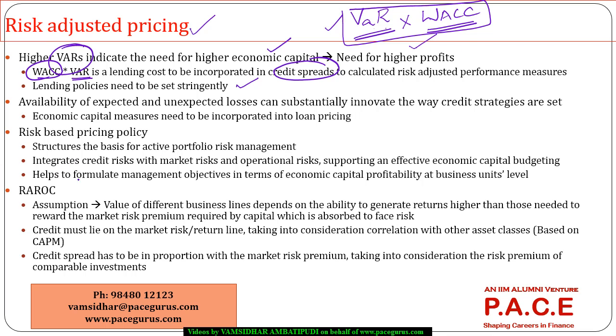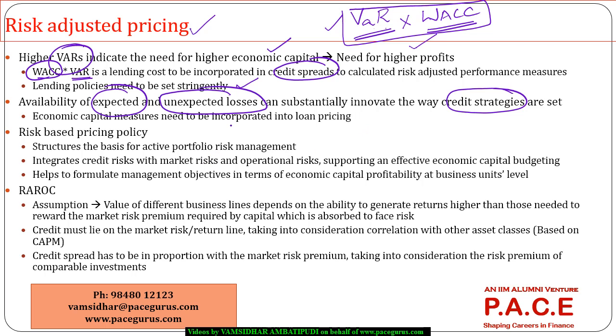And how much is the expected loss? How much is the unexpected loss? Once I do the computations, the difference between these is what will decide what kind of credit strategy needs to be followed.